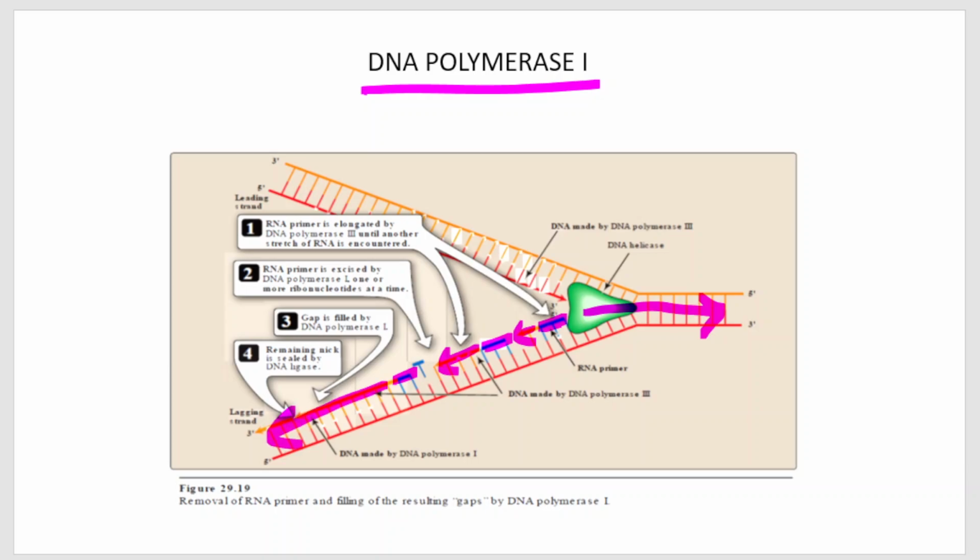So now I have these many fragments called Okazaki fragments along the lagging strand. Now DNA polymerase 1 removes these RNA primers.